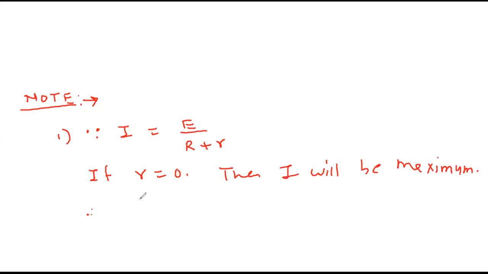Yes, sir, because the denominator becomes less, r becomes zero, so current will be maximum, that is E by R. Just write this note.